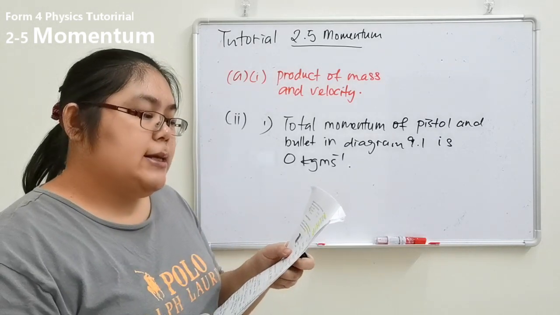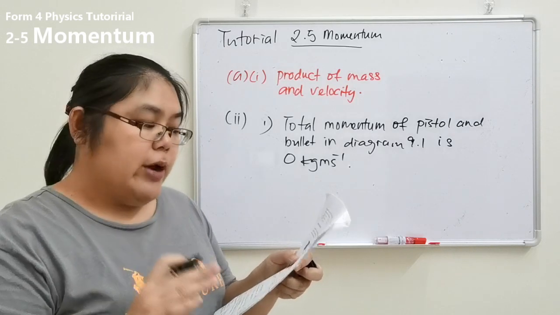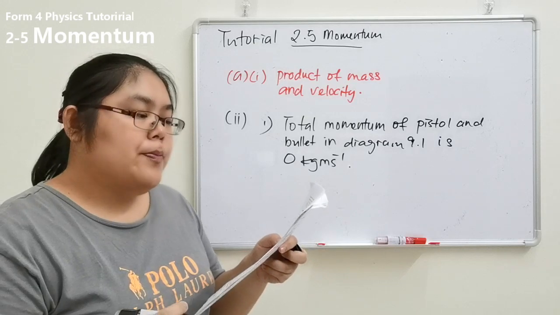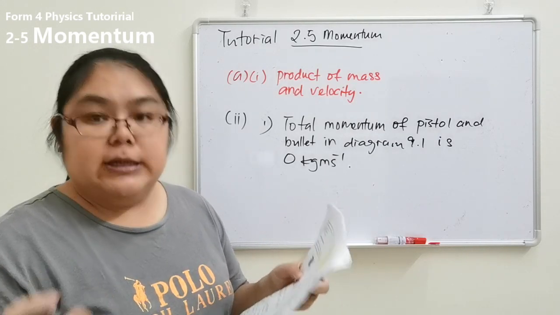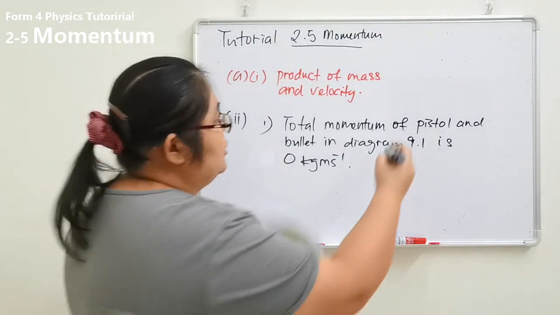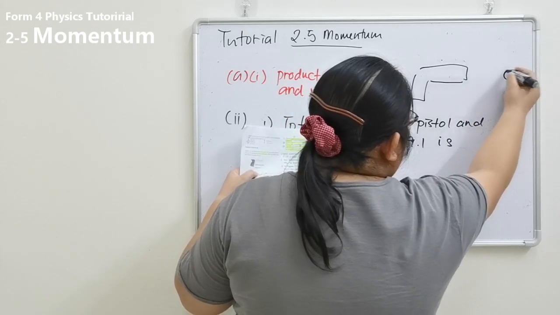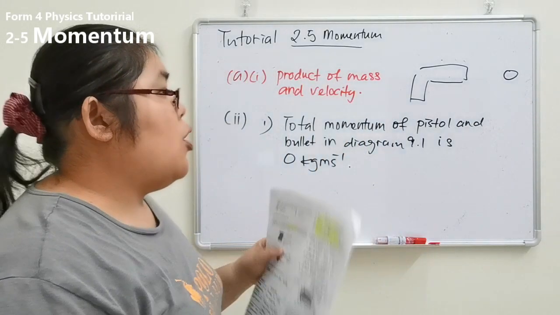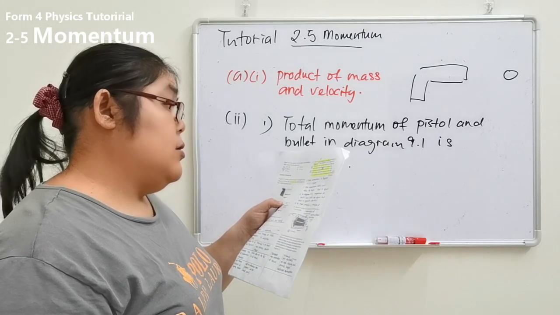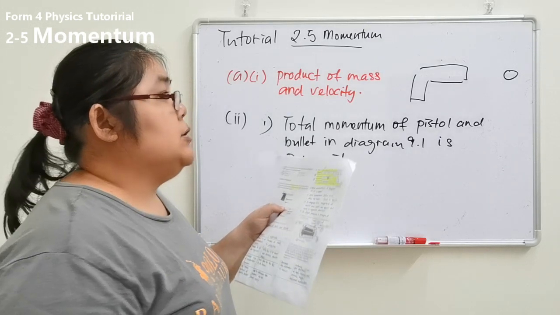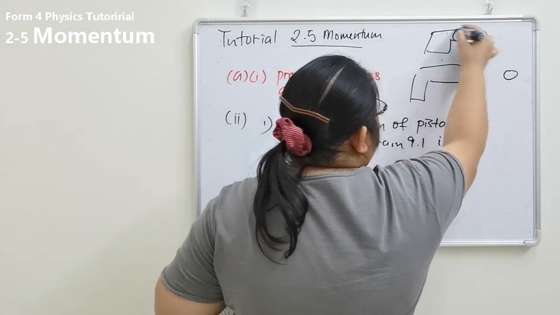Number 2, they say compare the total momentum using the two diagrams, 9.1 and 9.2. Compare the total momentum before and after the bullet is fired. So this one is the pistol, now the bullet has come out. What is the before and after? Before, there is just one pistol, the bullet still inside.